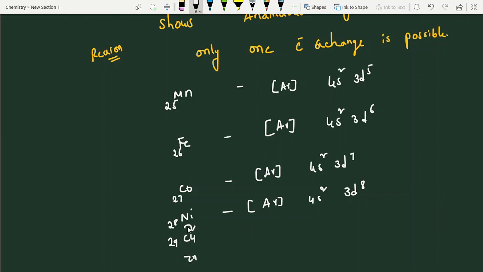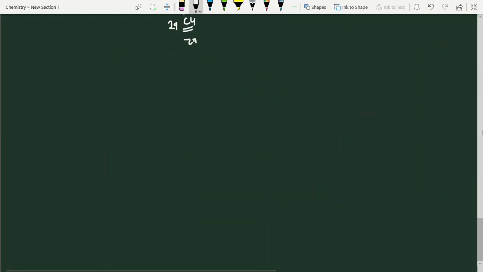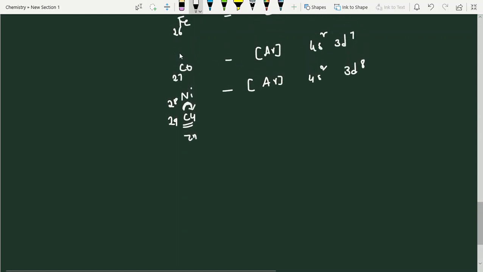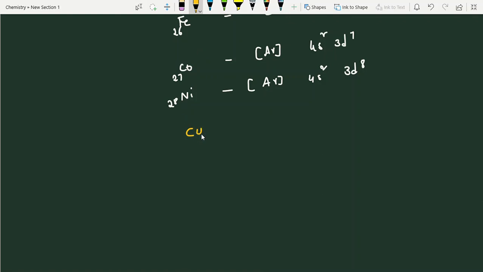And I said chromium, copper. Copper again, you have to write like this, underlined, so then only you can remember. Copper 29, one electron exchange.